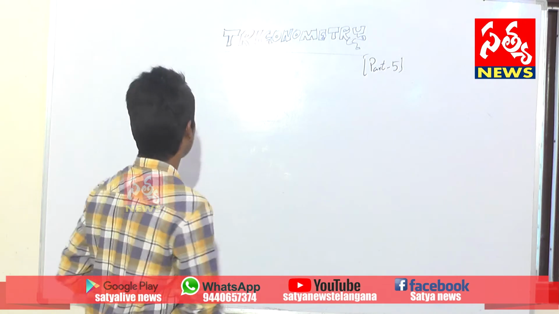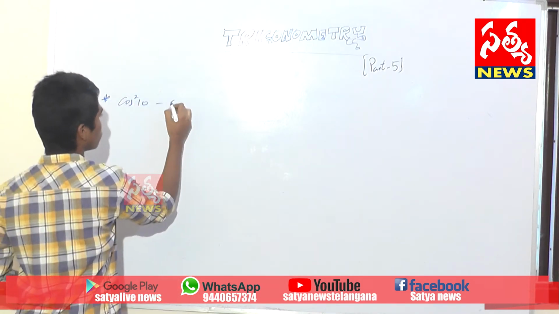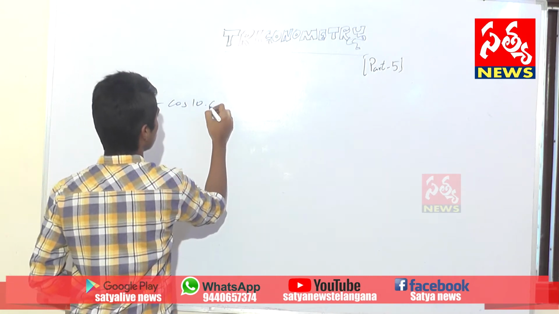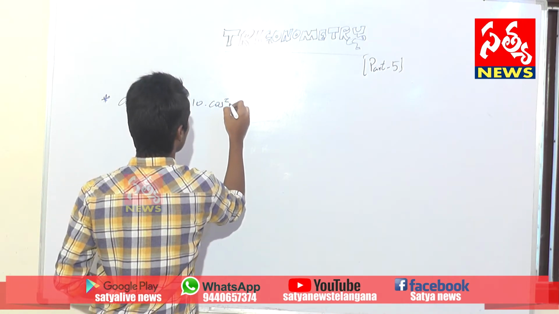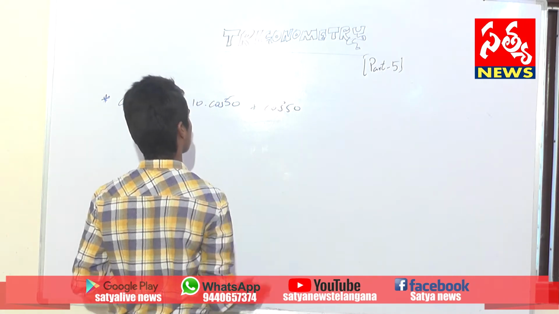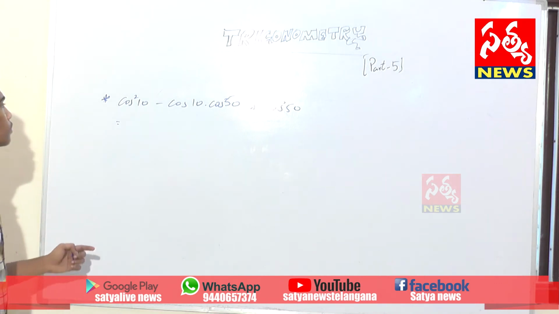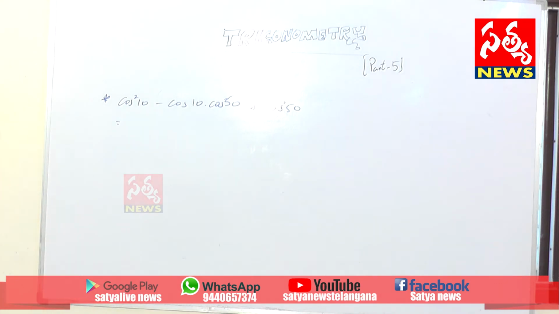And the next problem. Cos square 10 minus cos 10 into cos 50 plus cos square 50. See for a while how to do this.